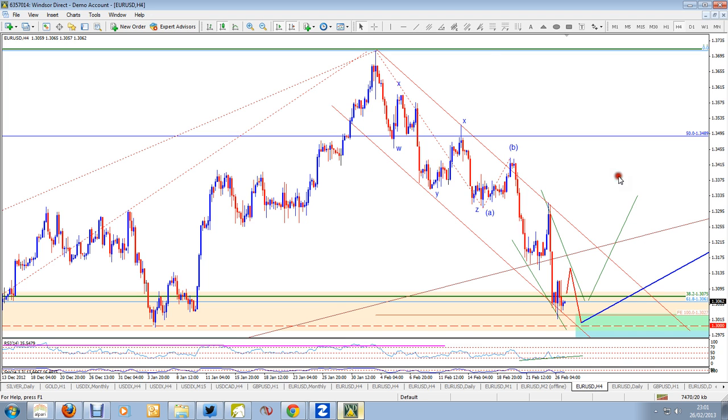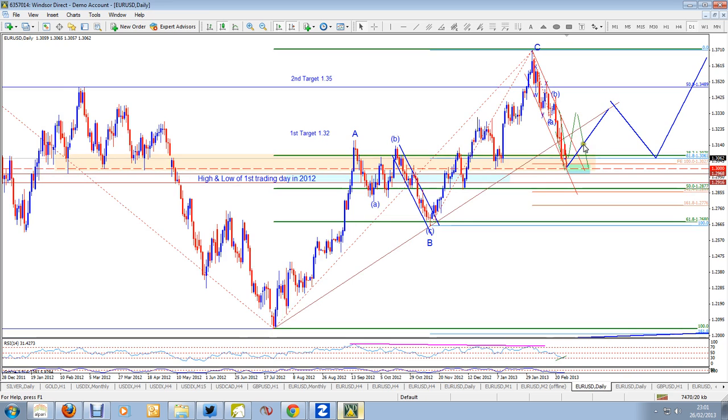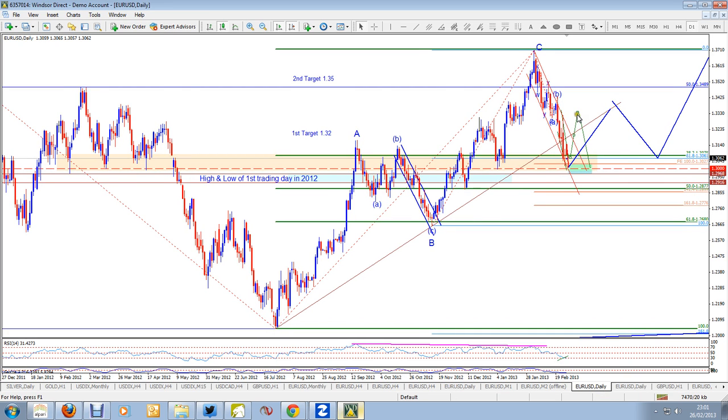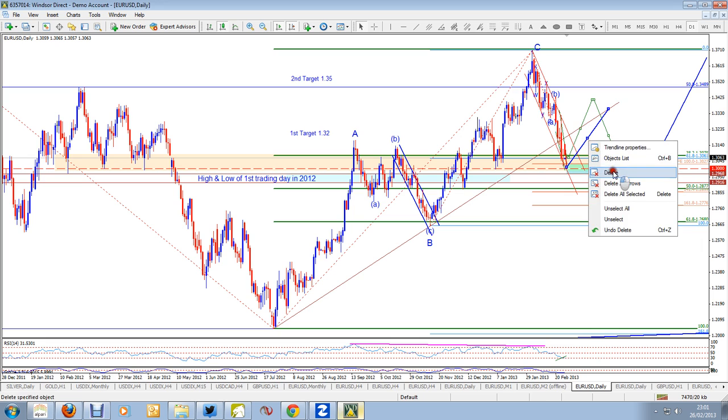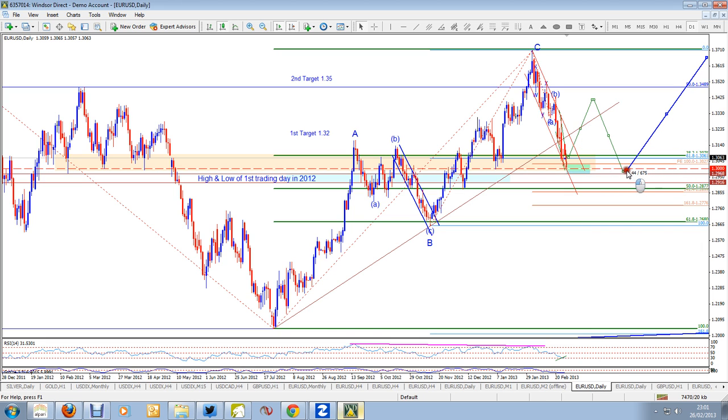So we might get something like this. Once this is complete, we get a zigzag down, we get a retracement, and then we come down with another lower low eventually, and then price is picking up to go higher. So we might get like a double or a triple bottom.